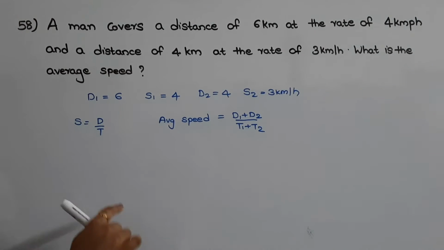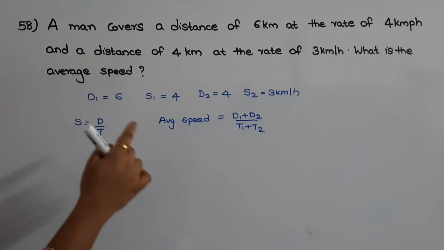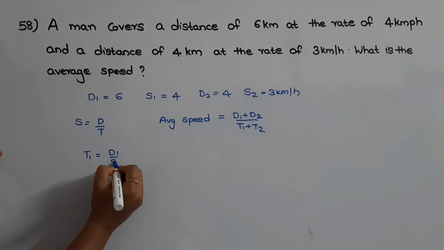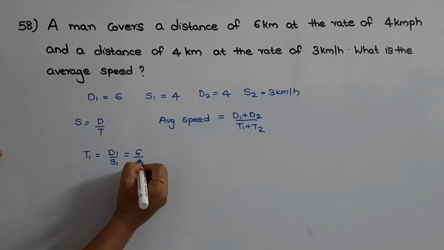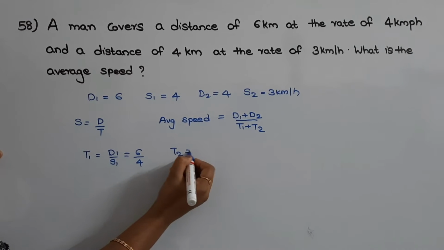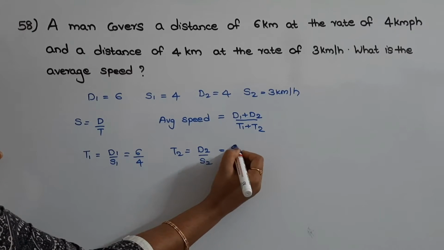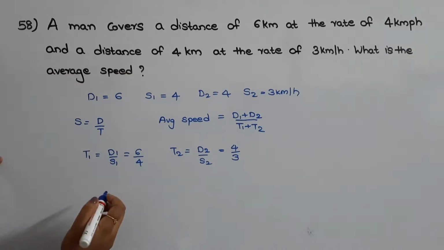So first we need to find out the values of t1 and t2. t1 will be equal to d1 by s1, that is equal to 6 by 4, and t2 will be equal to d2 by s2, that is equal to 4 by 3. Now we can substitute in this formula.